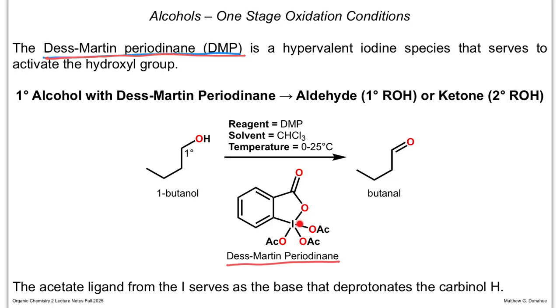How many things does it have bonded to it? We have 1, 2, 3, 4, 5. That's where this "per" comes from. It's beyond the octet rule because, in the periodic table, it's in period 5, so it has these other orbitals that allow it to go beyond the normal octet.